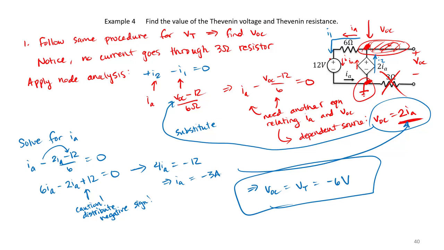So don't worry too much if you see negative numbers for these Thevenin voltages, because remember, at the end of the day, we're trying to find an equivalent circuit. So depending on the dependent sources and other things in your circuit, it is actually possible for both Thevenin voltage and Thevenin resistance to be negative.